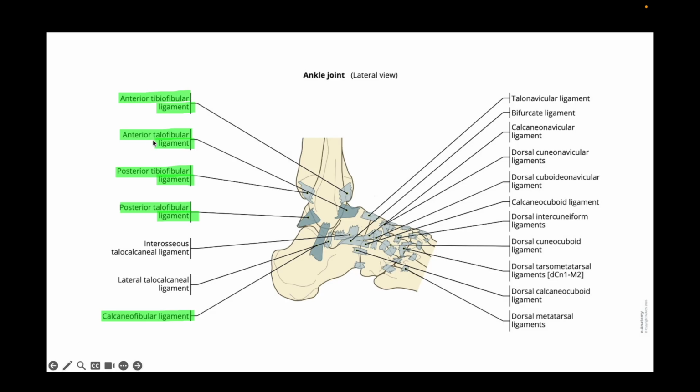You've got your anterior talofibular ligament, your posterior talofibular ligament from the talus to the fibula, and then you've got your calcaneofibular ligament from your calcaneus to your fibula. The one that actually sprains the most is your ATFL, or anterior talofibular ligament, then the CFL, and then the PTFL doesn't really get injured unless it's a very bad injury.